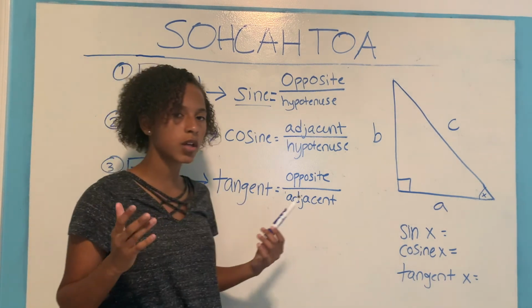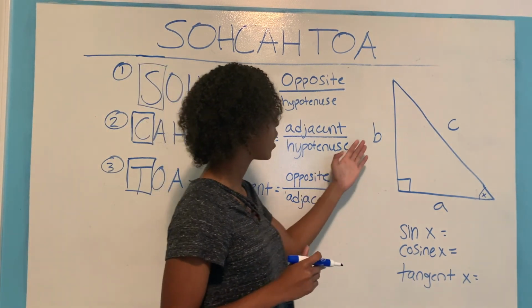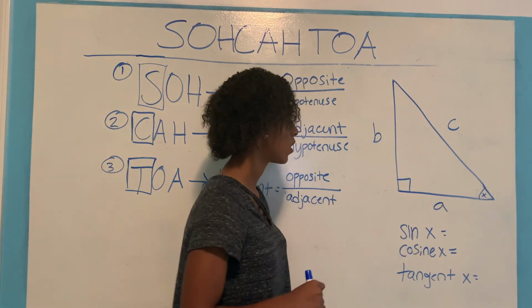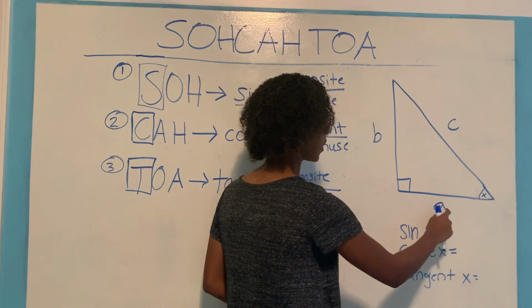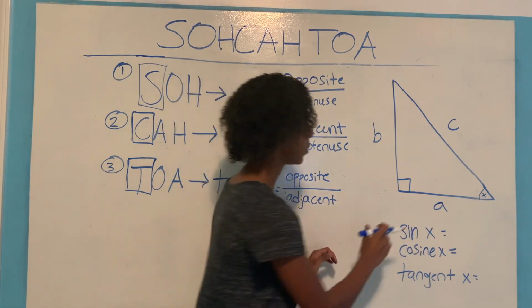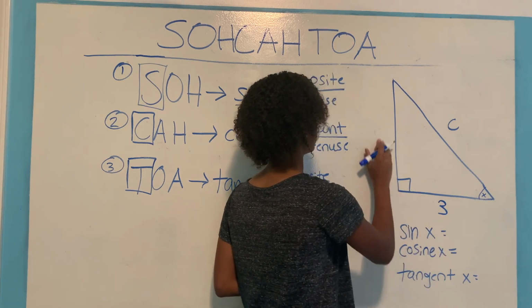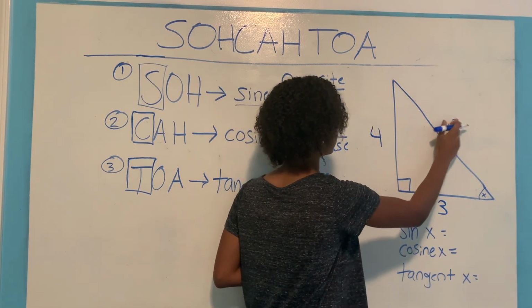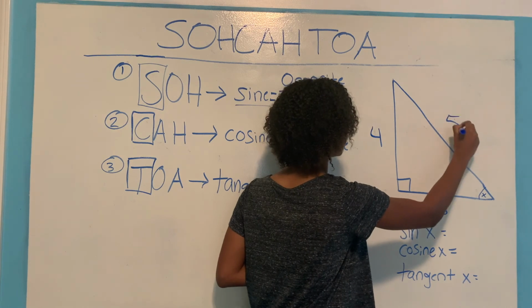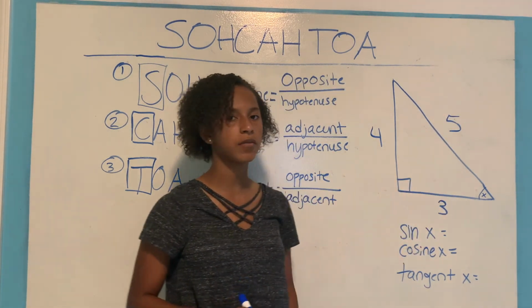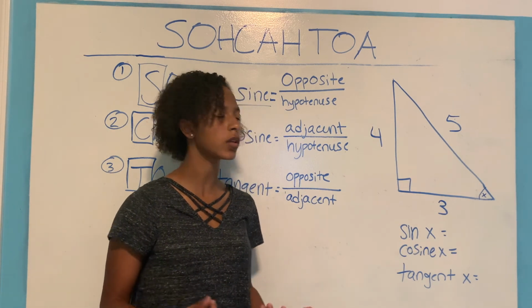In case you're confused, let's go over here to this triangle, and let's say this is our angle x. Let's just do a 3, 4, and 5. So I made a equal 3, b equal 4, and c equal 5, just to show you with real values what this would look like.